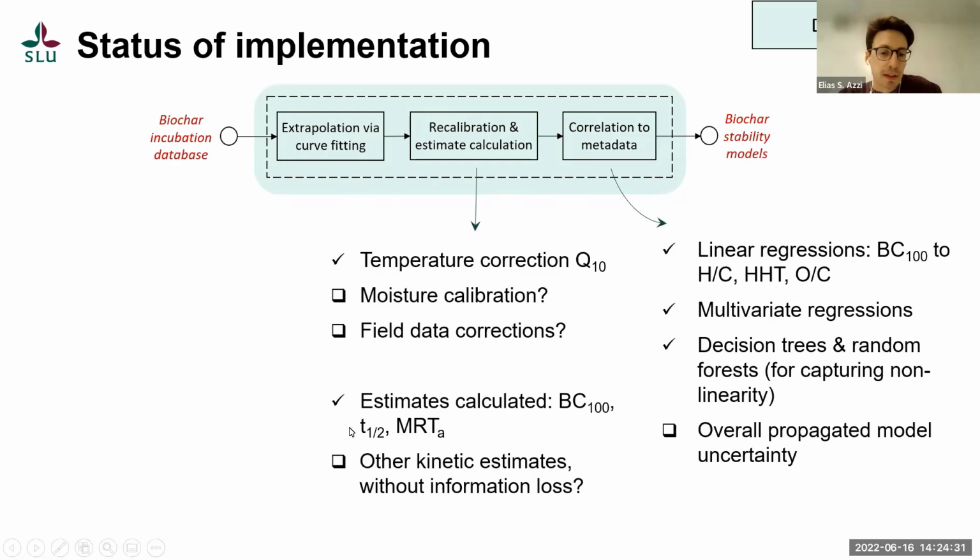In terms of estimate calculation, we're going to, of course, calculate the classic ones like the 100-year stability, the half-life, the mean residence time, and we could also do the 500-year stability, for instance. But every time we calculate estimates of stability like this, we actually lose some information, and we are considering working with other kinetic estimates that don't induce information loss.